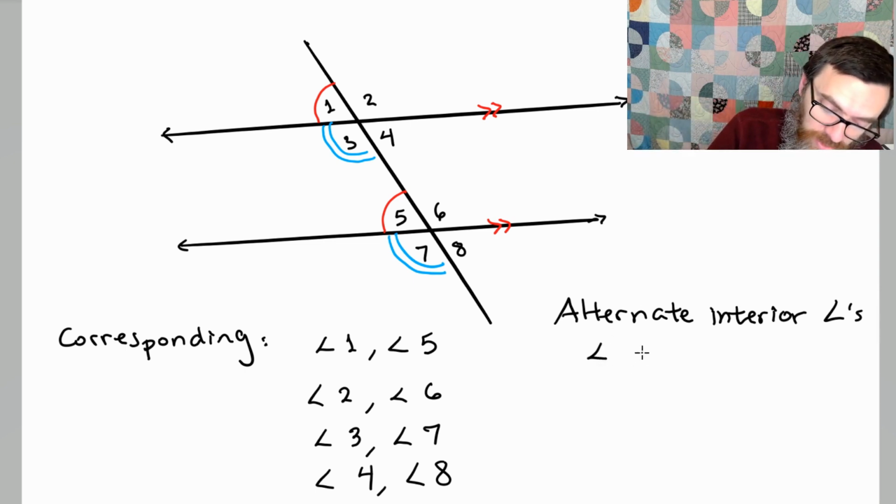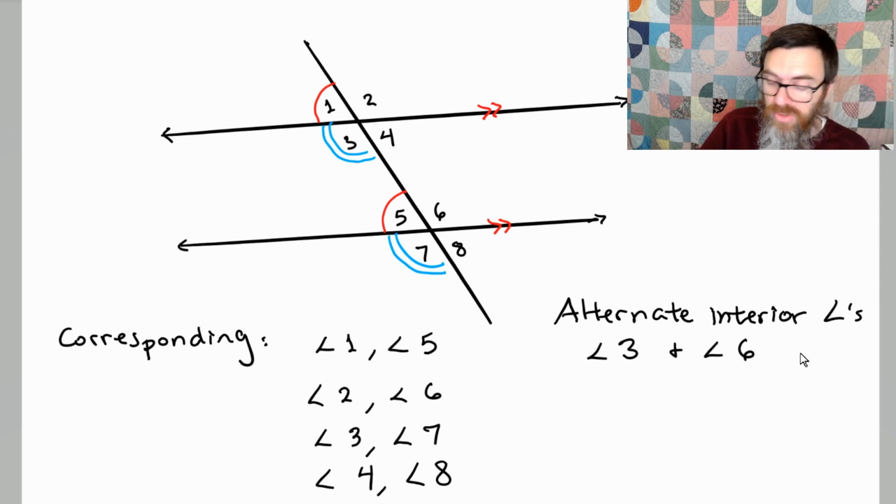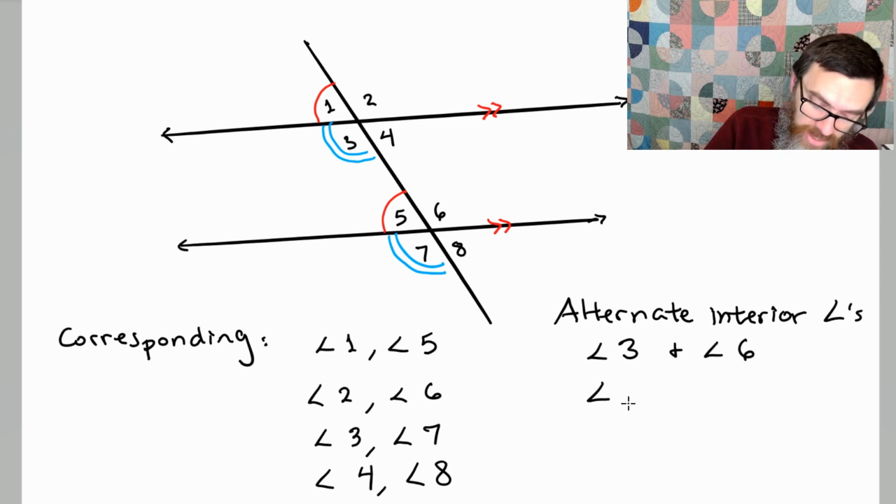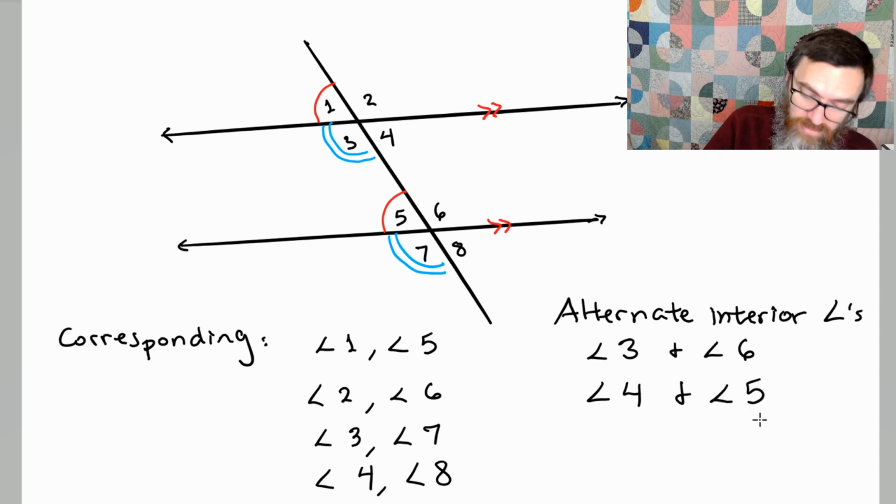So we're looking at angle 3 and angle 6 would be alternate interior angles, and angle 4 would be an alternate interior angle to angle 5. And these guys happen to be congruent. So I'm saying that 5 and 4 being alternate interior angles, these guys are congruent. 3 and 6, these guys are congruent.